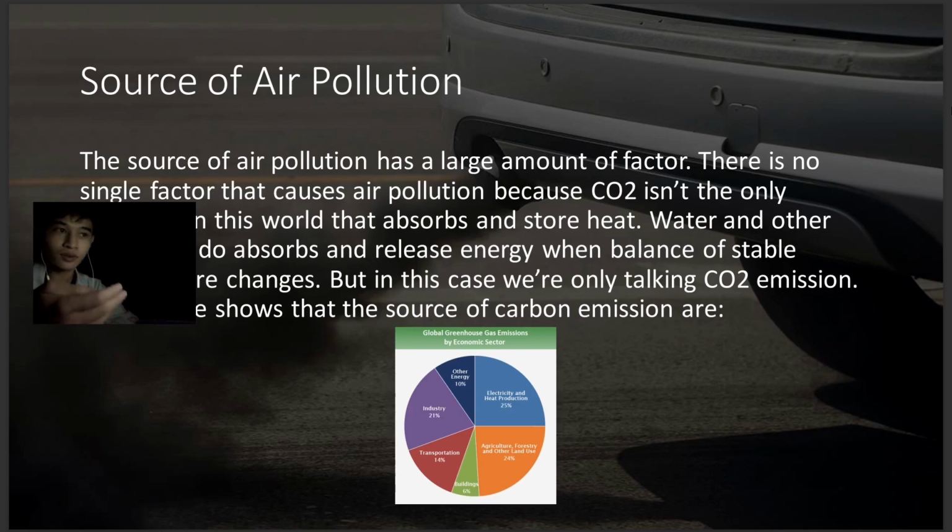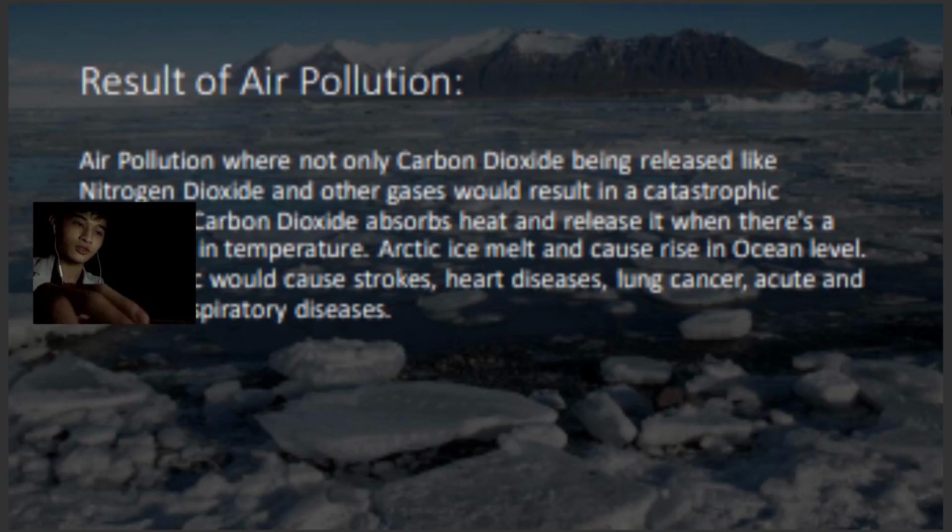And 21% is for industries, like any single factory that produces fabric uses electricity. But the more fabric they produce, the more electricity they use, and the more greenhouse gases rise. The other 10% is other energy usage, for example, you use it for your aircon, your fan, and your other electrical uses, which causes more energy production, which causes carbon dioxide emission.